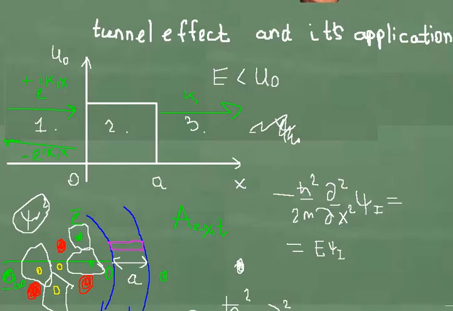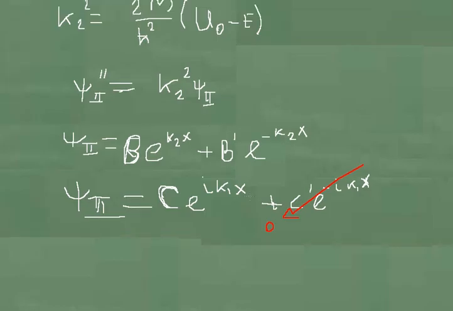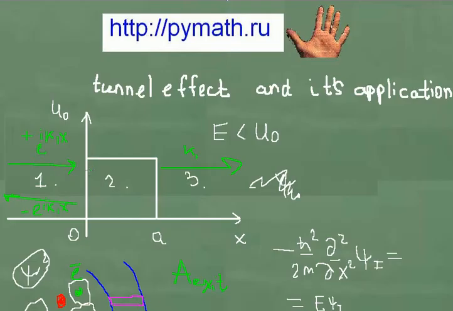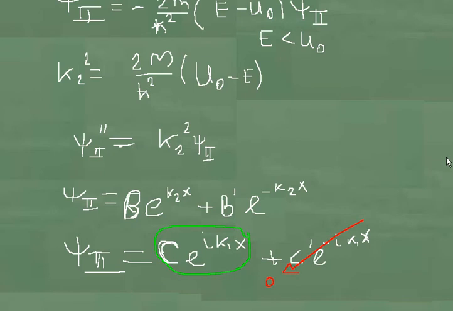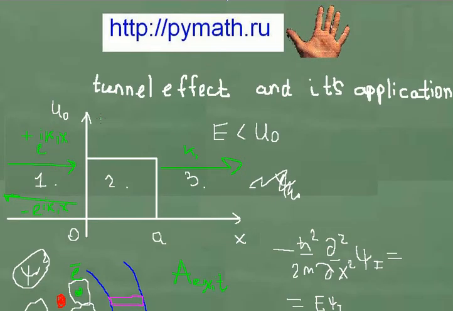That's why we can consider only the case where the electron moves in the positive direction. The wave function represents the probability of the electron to have such a direction, and only electrons with the positive direction can pass through this barrier.